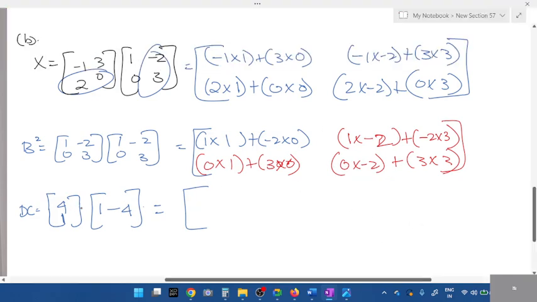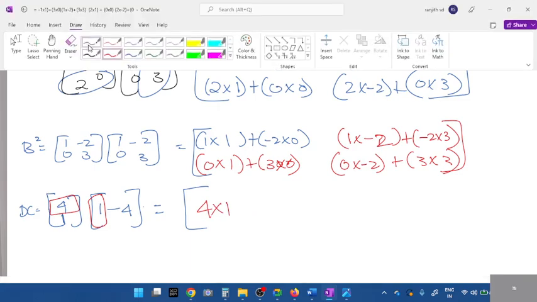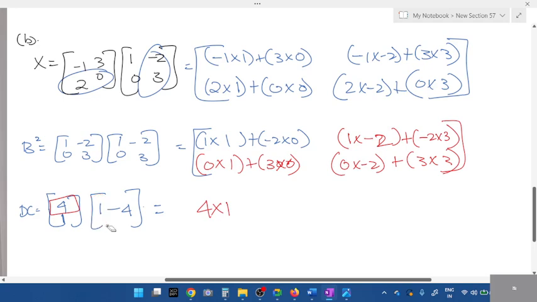For this one, first row is 4. First row, first column: 4 into 1. So first row, first column is done, students.